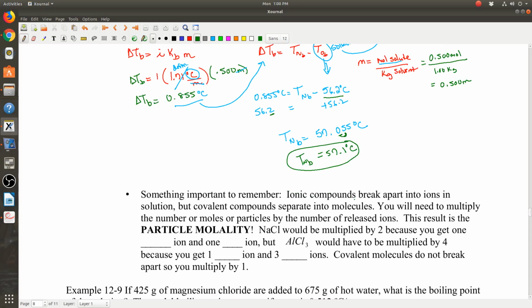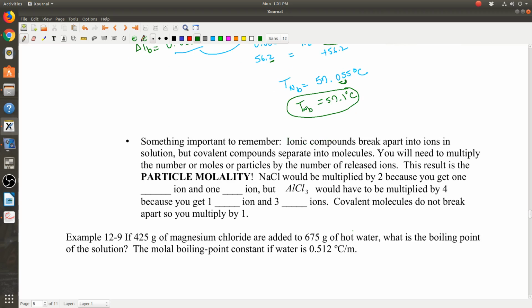Okay. Something to remember, ionic compounds break apart into ions in solution, but covalent compounds separate into molecules. You will need to multiply the number of moles of particles by the number of released ions. All right, the number of moles times the number of ions. This results in particle molality.